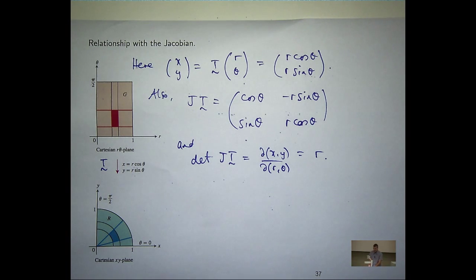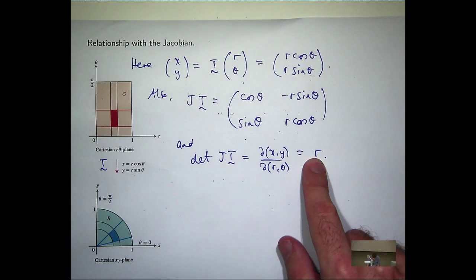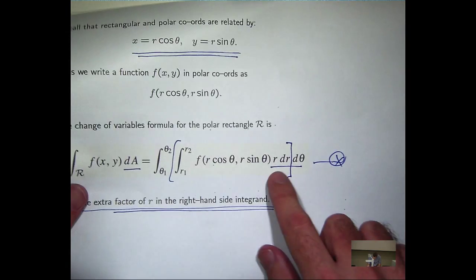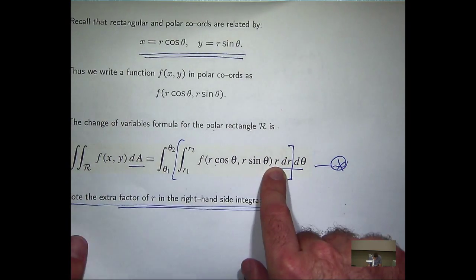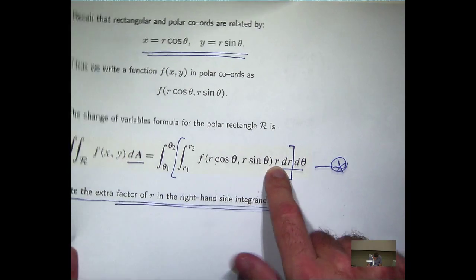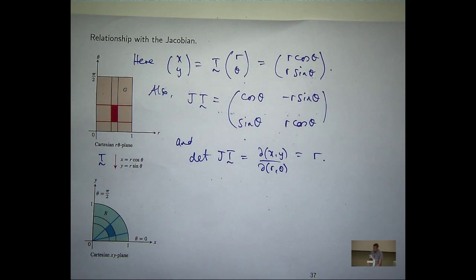So if you look at this, that r is actually there. That's that extra factor. Now, with appropriate assumptions, this is true in general for any change of coordinates. It's actually the determinant of the Jacobian. That's that little extra factor in the integrand.